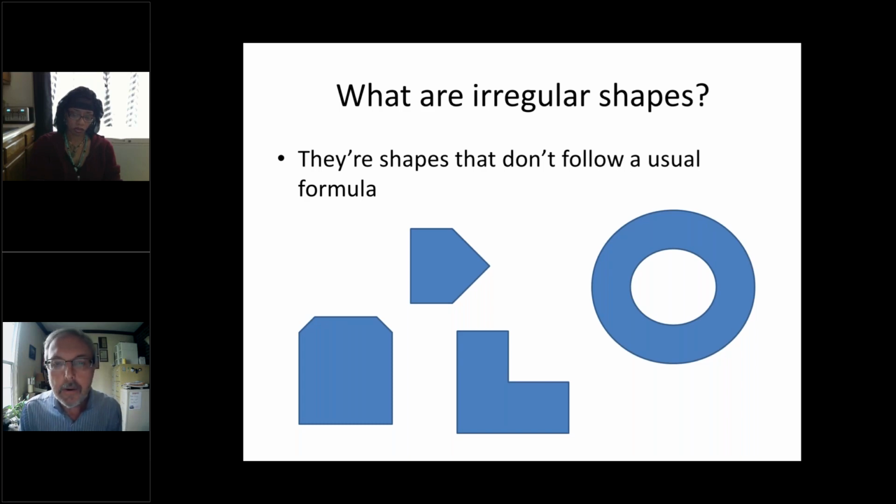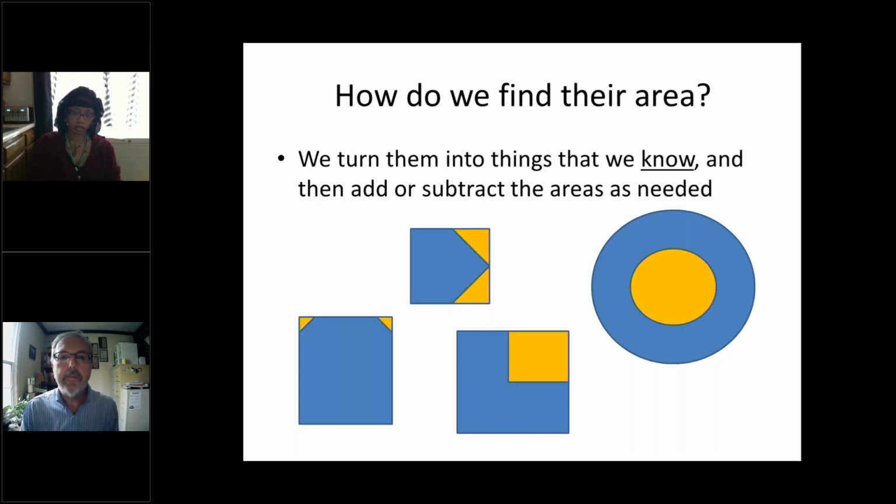So let me show you what I'm talking about there. So we want to turn them into things that we know the formulas for, and then sometimes we can add or we can subtract areas that we need to calculate the areas of these irregular shapes.